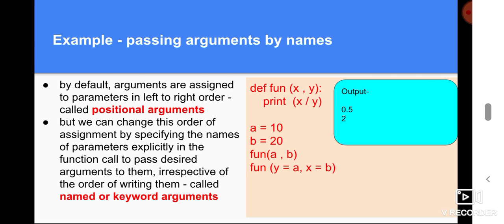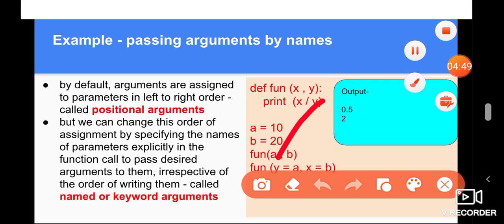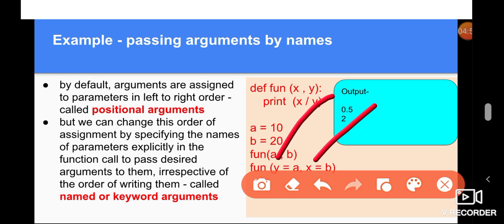See, we have written y and x in this function call. We are specifying that y is equal to a and x is equal to b. So we have specified clearly that the y parameter of the function will get the value of the variable a, and the x parameter of the function will get the value of the variable b.